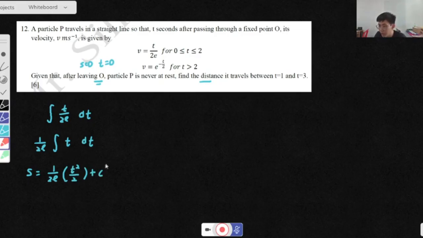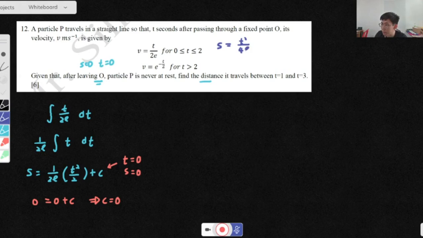Substitute t equal 0, s equal 0, so 0 equals 0 plus c, meaning c is 0. So the displacement for the first part is t squared over 4e, for 0 to 2 seconds.